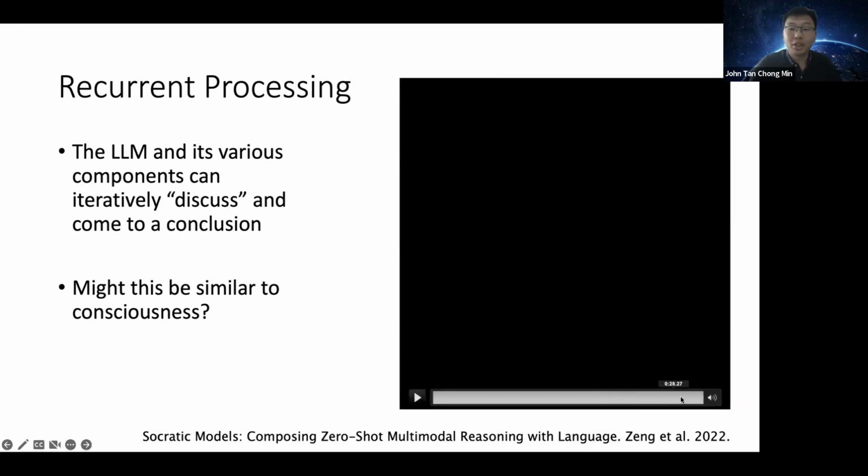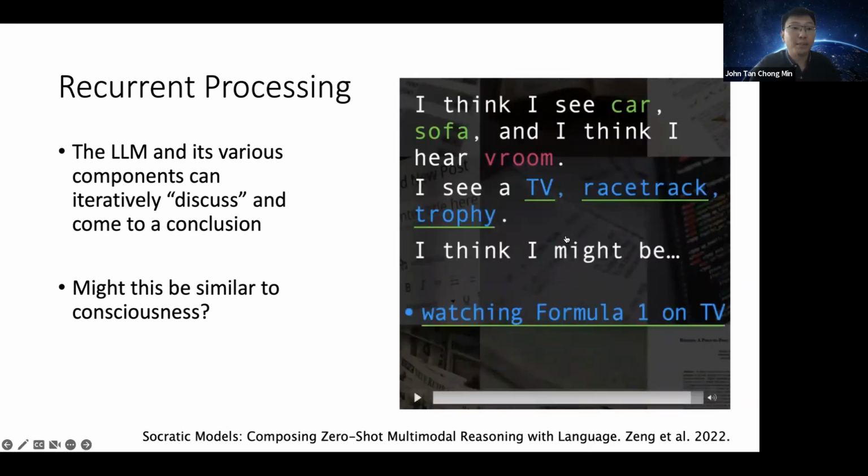So this is called Socratic Models. I used to be skeptical of this because I thought it would take a lot of tokens. But after seeing all the chain of thought prompting, reflection, and so on, I think prompting makes a big difference to the performance of the model, because you can ground it in some facts like this. You ask the model, what do you think you see? What do you think you hear?